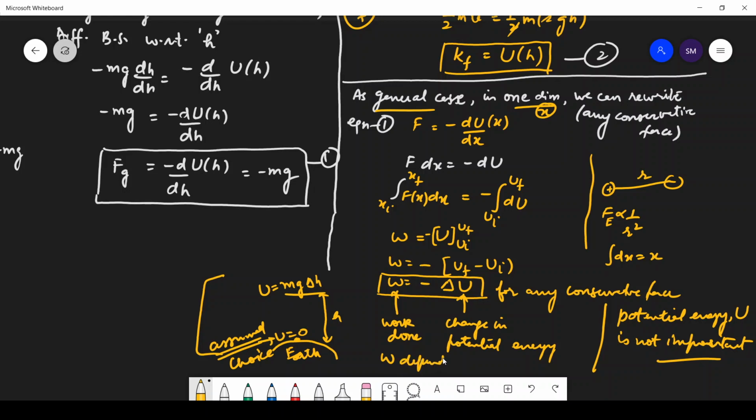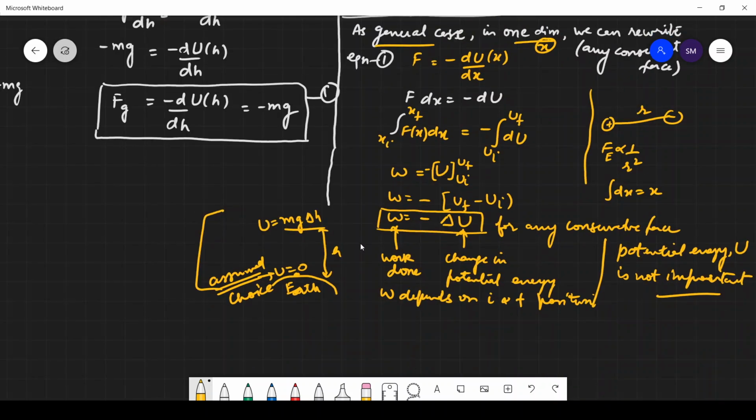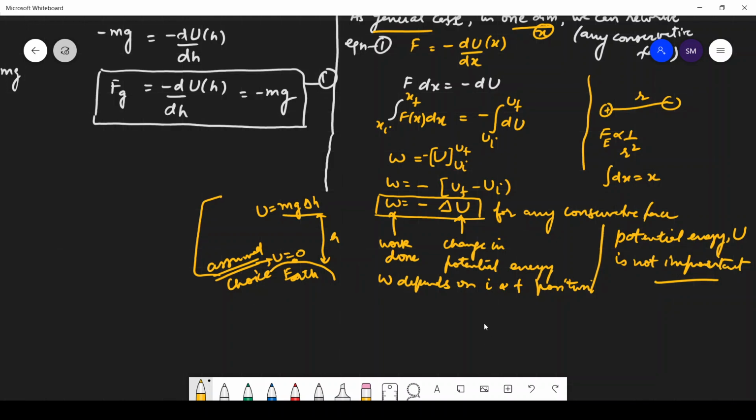Work done depends on initial and final positions and does not depend on the path, because it depends on the initial potential energy and final potential energy, irrespective of whether you take it directly upward or this way and then upward. So it is independent of path. This lecture is very important. You can watch it once more also.